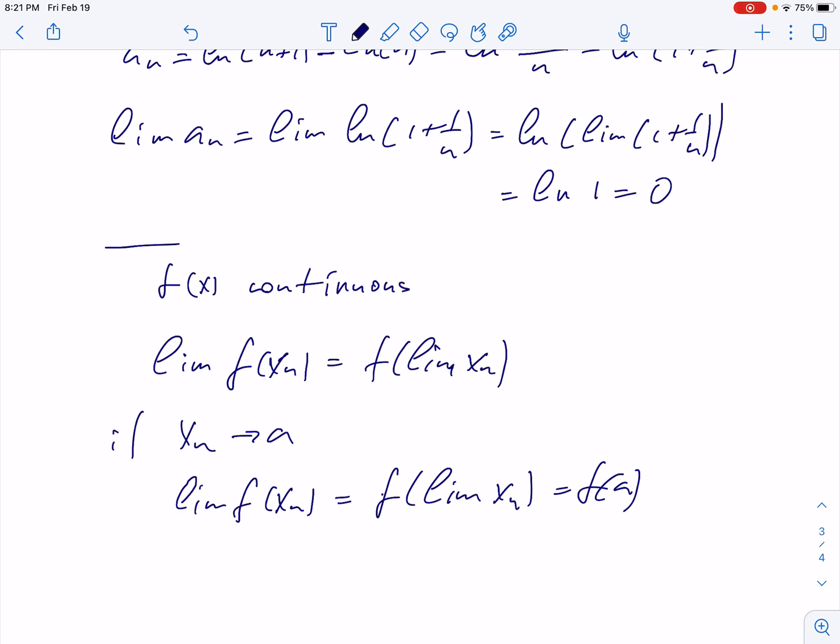So if x sub n approaches a, and the function is continuous, we can do such things.